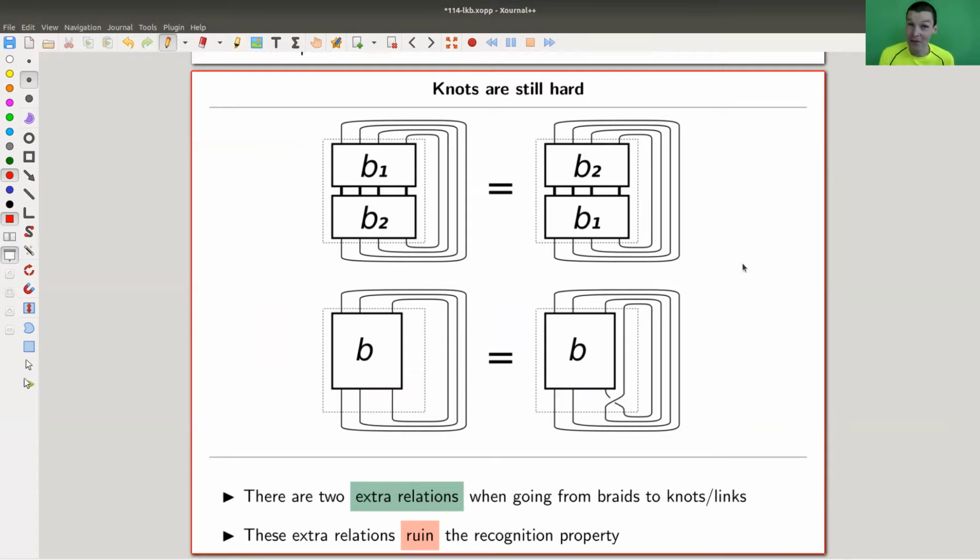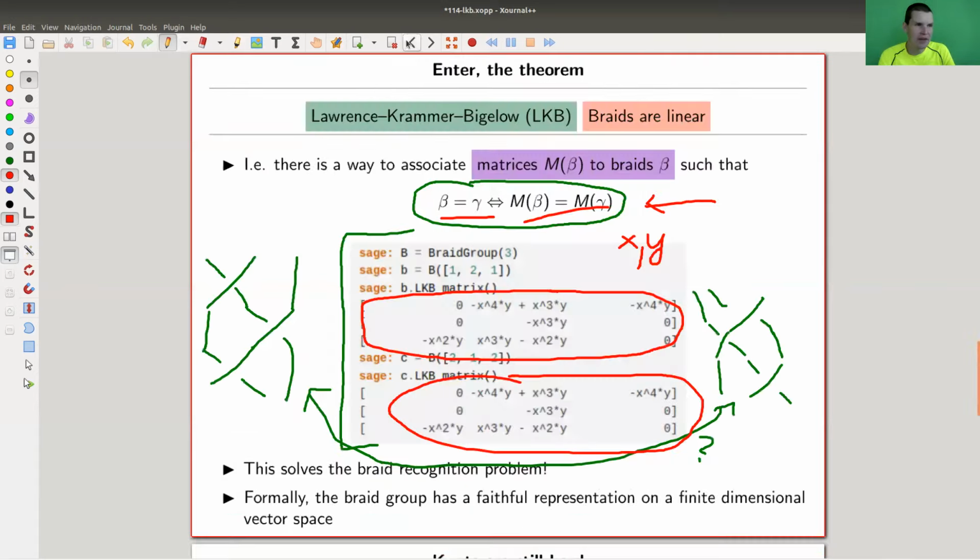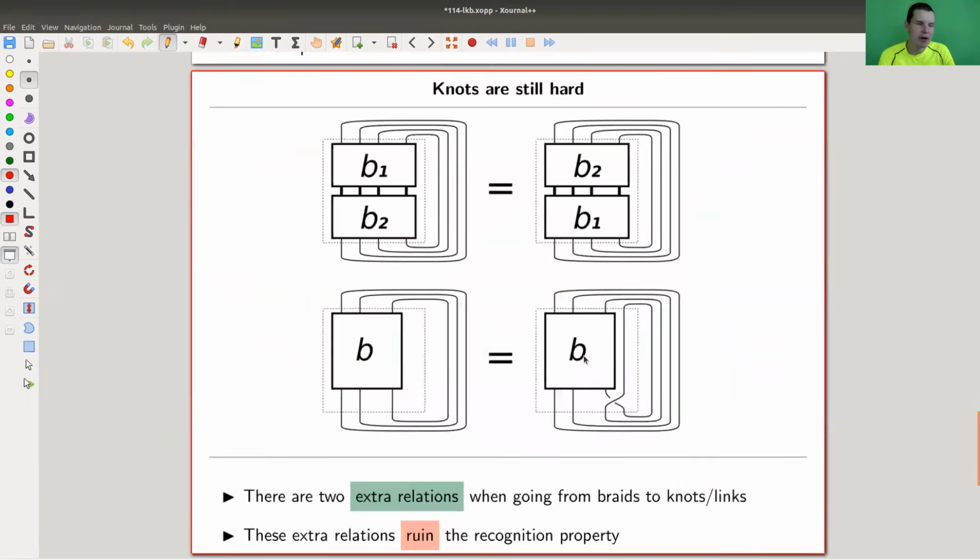Anyway, the slow but nice program indicated you can always go from a braid to a knot, and here the braid closing just happens as before, just a little bit drawn easier by just going to the right. But it turns out that knots are still hard because, in contrast to this picture, there are now extra relations when going from braids to knots. They're called the Markov moves.